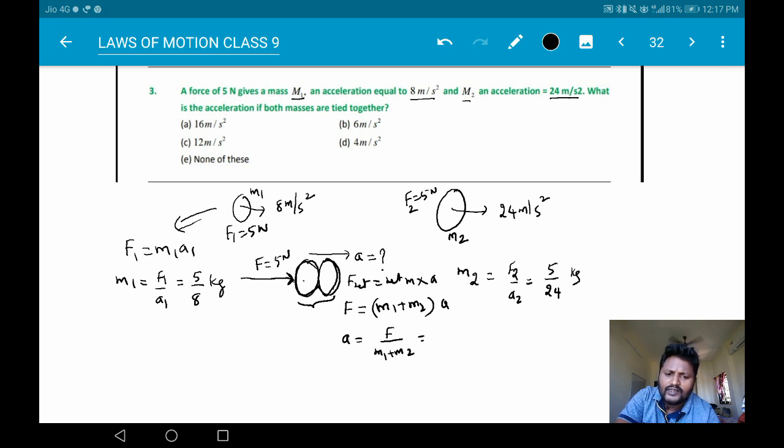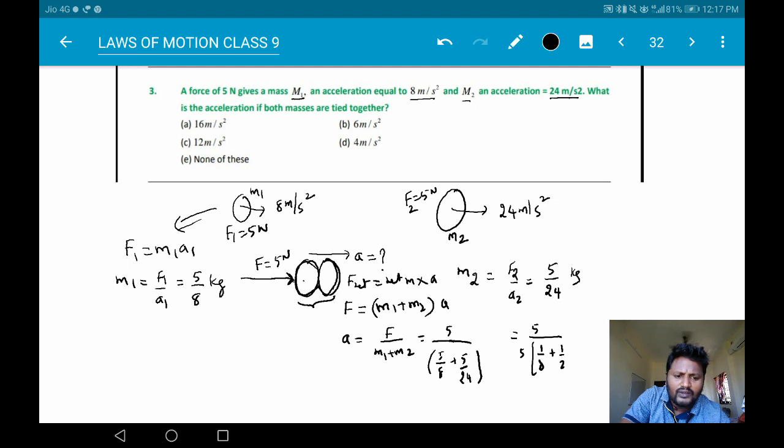What is the value of F? F is the same in all the cases. So F by 5 by 8 plus 5 by 24. Okay, 5 from the denominator will be common, 1 by 8 plus 1 by 24. This 5 gets cancelled.